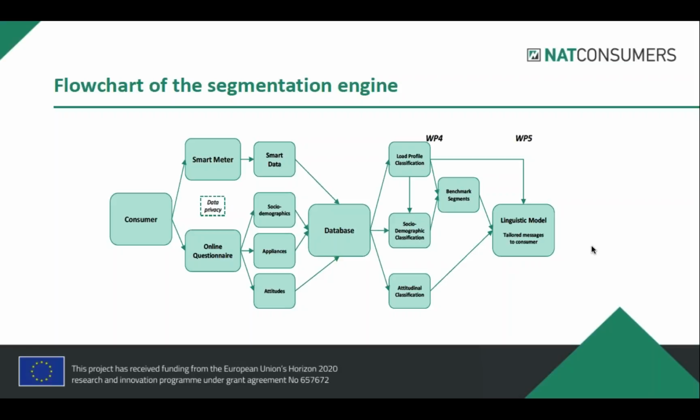And the third type of segmentation is an attitudinal segmentation or classification. This could help us to define the argumentation when we try to speak with the consumers. Some of the consumers are more responsive to arguments around money saving.